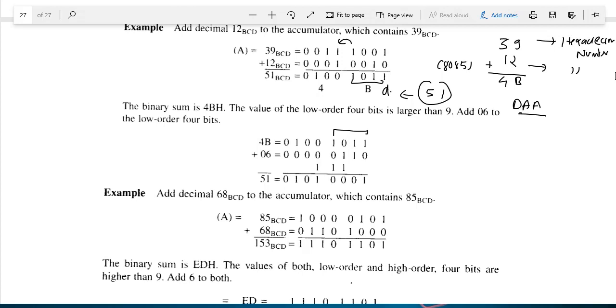But when we use the DA instruction, it will add 6 to the lower nibble, means 0110, and the rest will be 000. Now we will get the desired value, that is 51. So decimal adjust accumulator will convert the hexadecimal result into the corresponding decimal result.